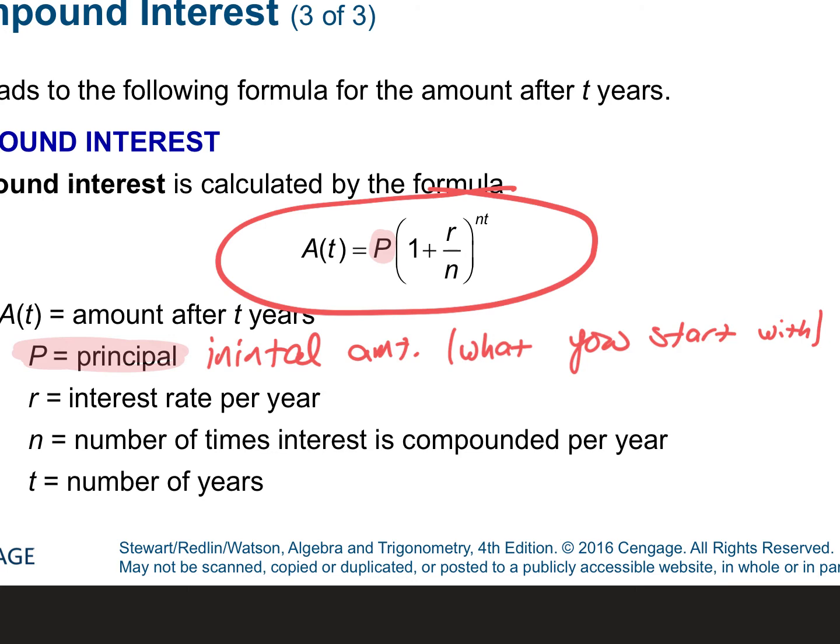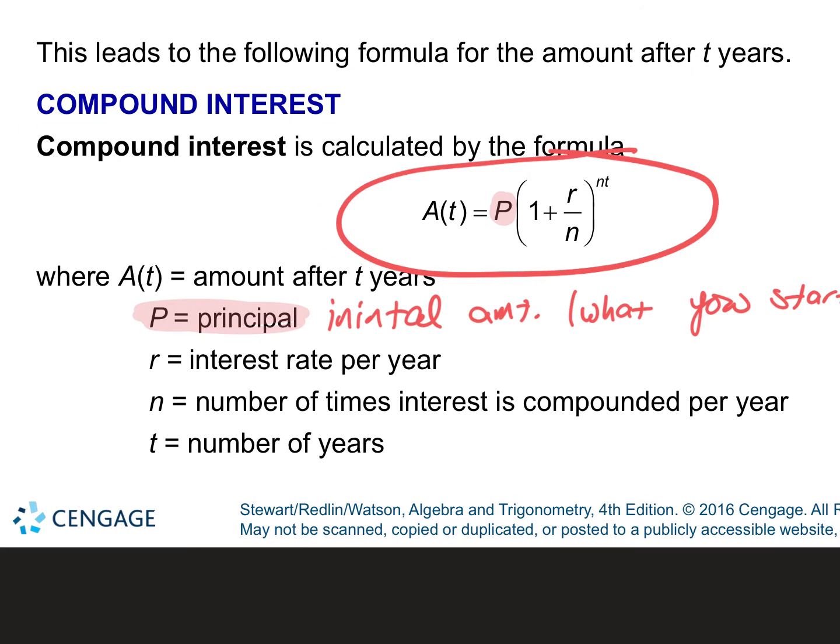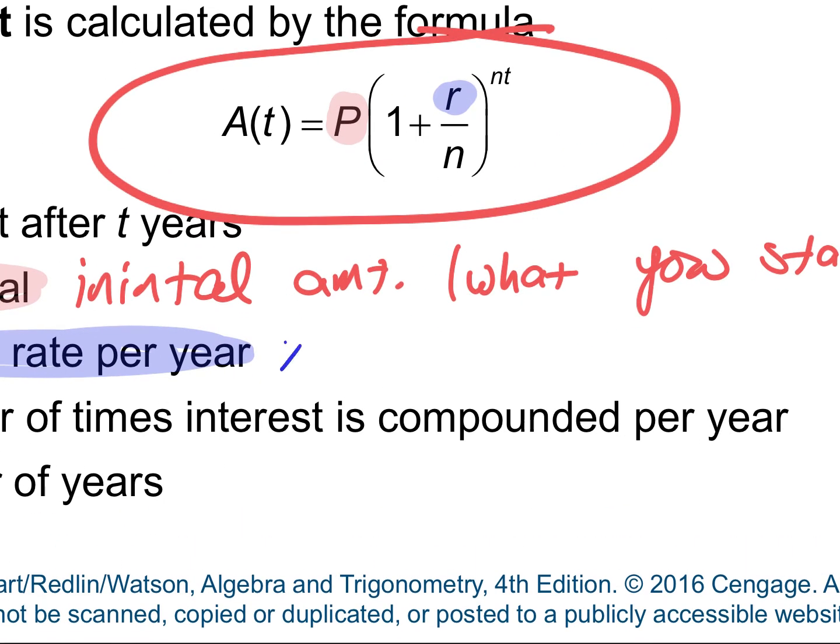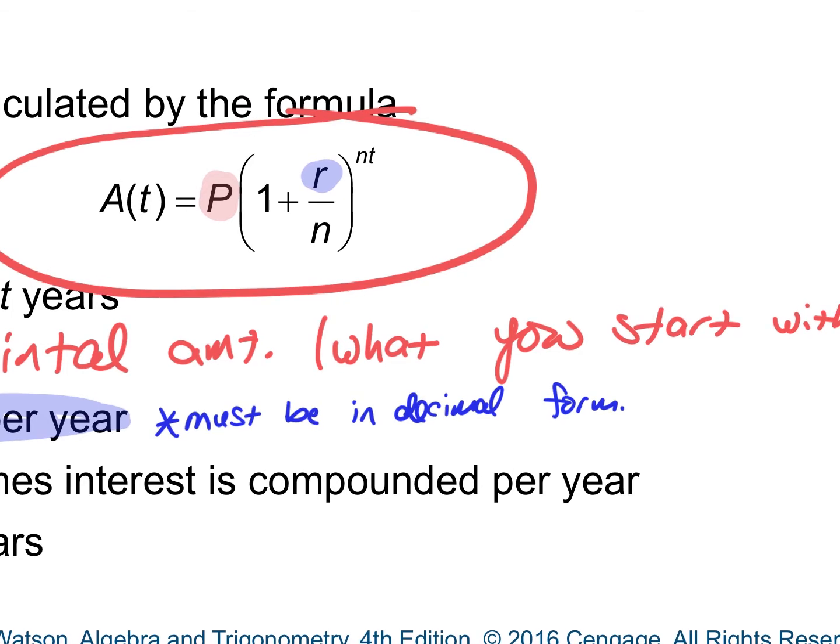Now, secondly, this is so super important, your R. You see your R right there? Your R is your interest rate. Everybody's seen that before. On car commercials, they talk about APR, financing, and so on. But right here, so important, it must be in decimal form. When you go to compute your answer, you have to convert the interest rate into a decimal.